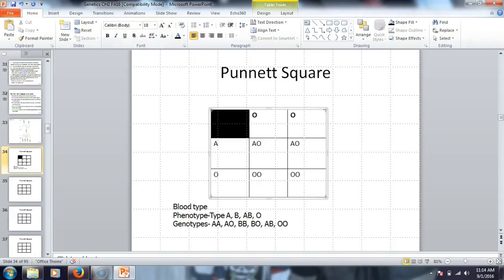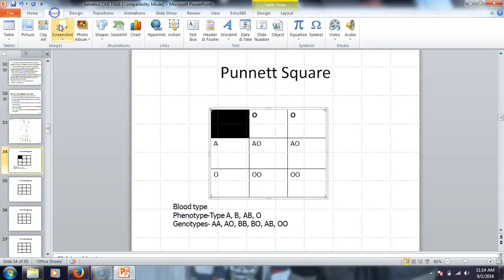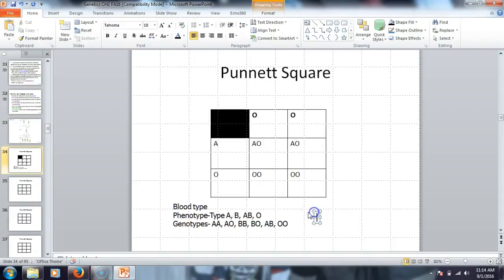So for this cross, let's insert another text box over here. So for this family cross, my parents, my family, genotype for the offspring possibilities are AO and O. Yes?